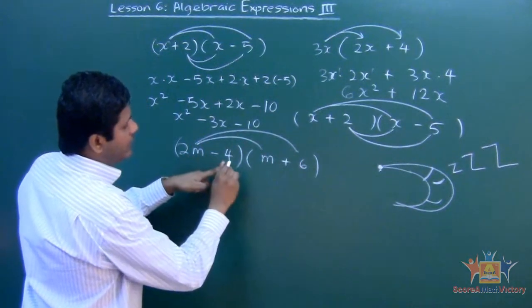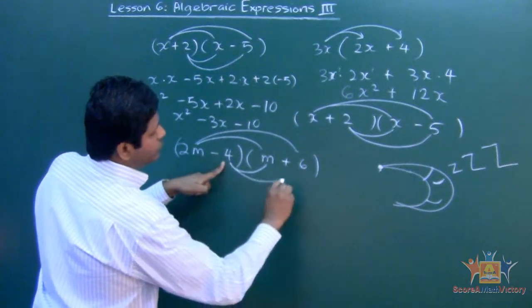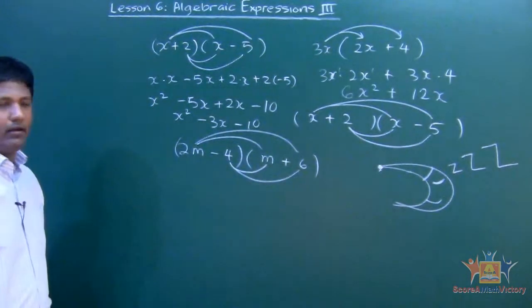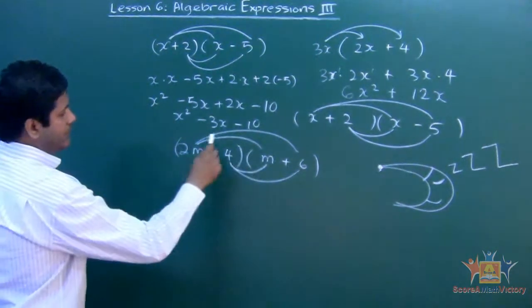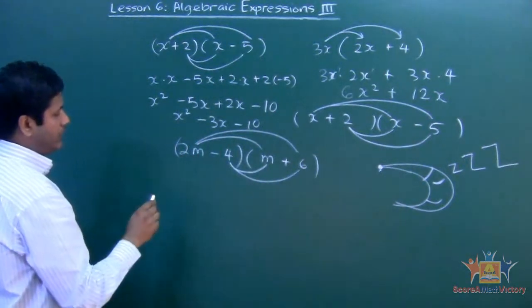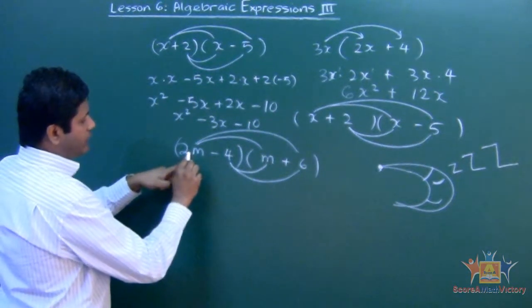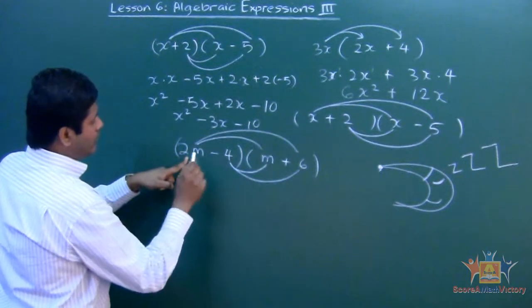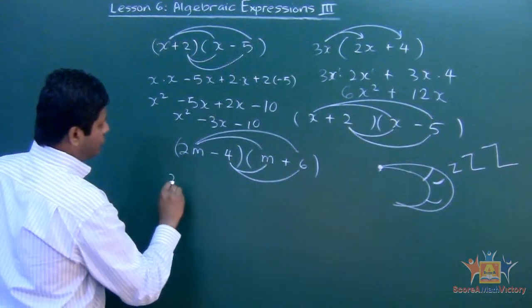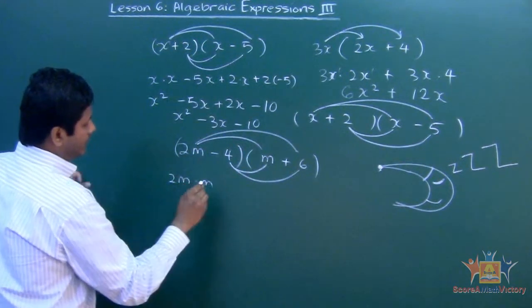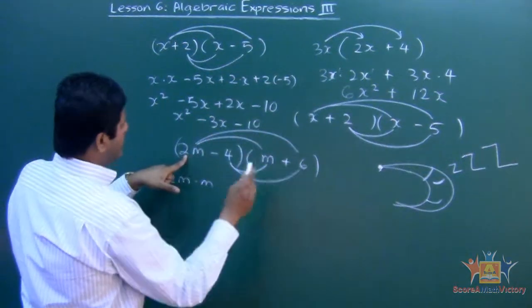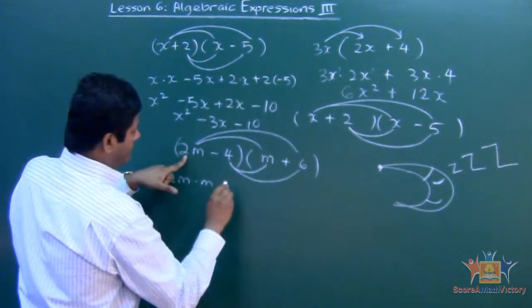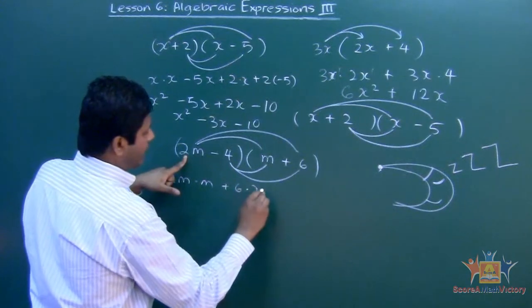And then we go down here, shoot the arrow to the first one, shoot the arrow to the second one. Alright? See? The sleeping moon. So let's start with this. When you shoot the first arrow to the first one, 2m times m. So 2m times m. And then you shoot it to the second one. See, plus right there. So plus 6 times 2m.